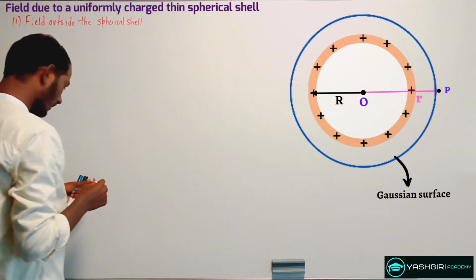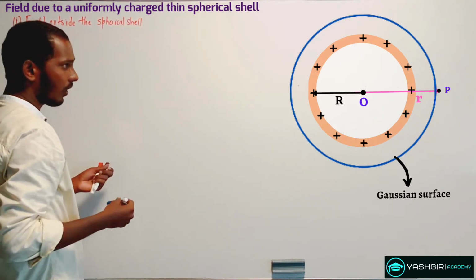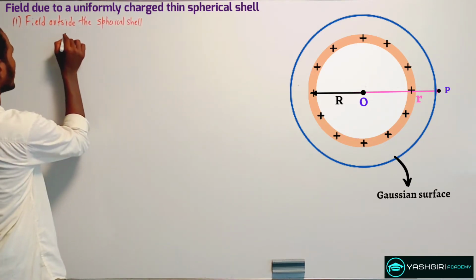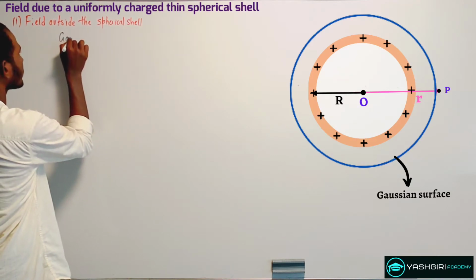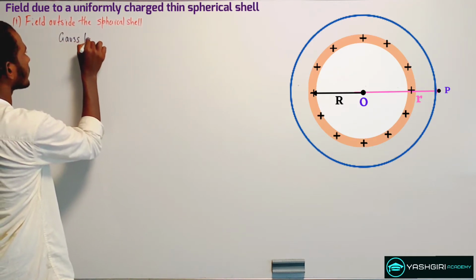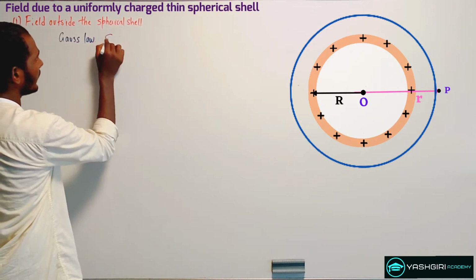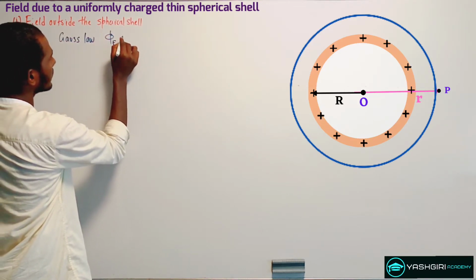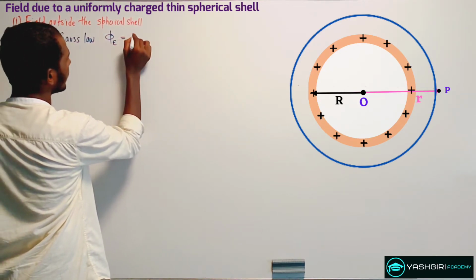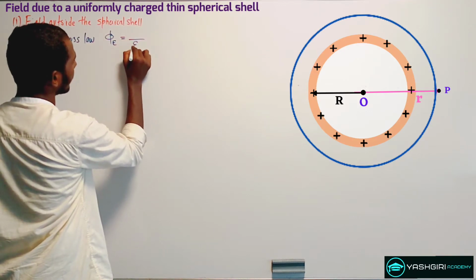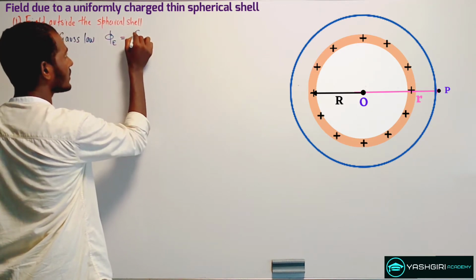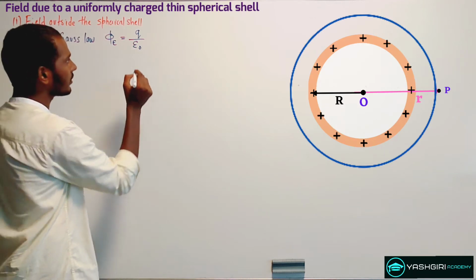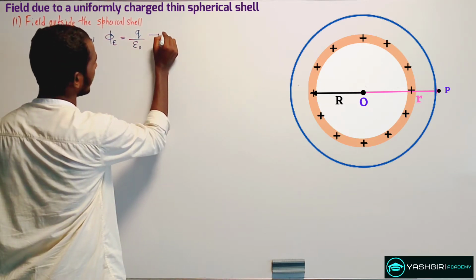So let me write the Gauss law first. So what we know is the Gauss law states that the electric flux is equal to 1 by epsilon naught times the charge enclosed by that Gaussian surface. So let me put it as number 1.